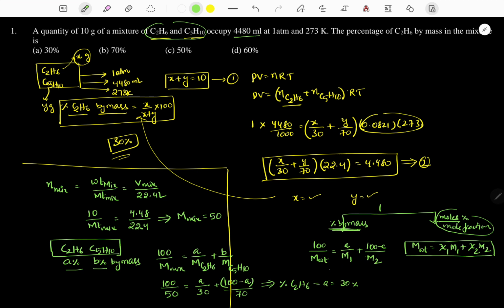So A is percentage of M1, 100 minus A is percentage of M2. This formula we can use for percentage by mass, and the other formula for percentage by moles.